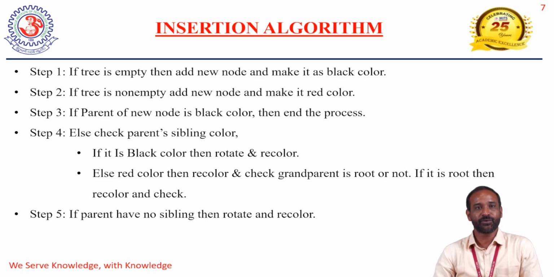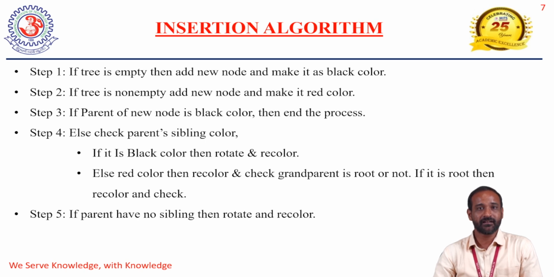In step 2, if the tree is non-empty, add the new node with red color. If we are inserting an element as a new node, the new node's color is red. Step 3: if the parent of the new node is black, then end the process. If the parent is black, there is no need to do any operation; we can go with the next procedure. Else, if the parent of the new node is red, then we need to perform some operations.